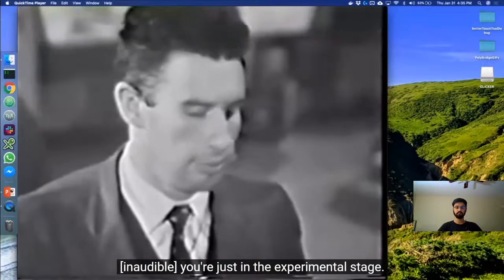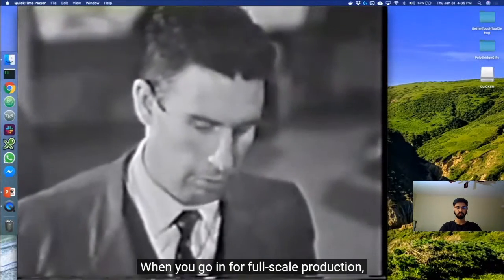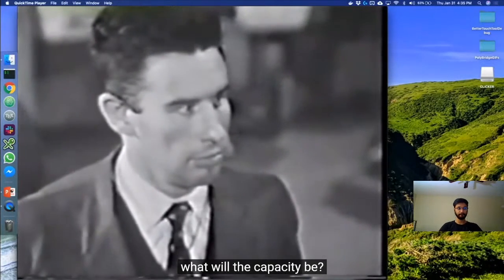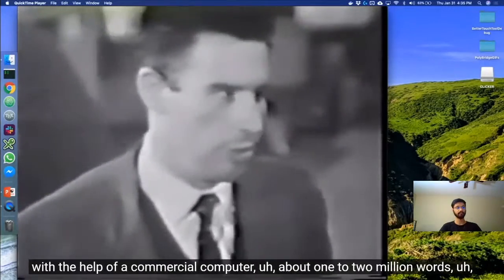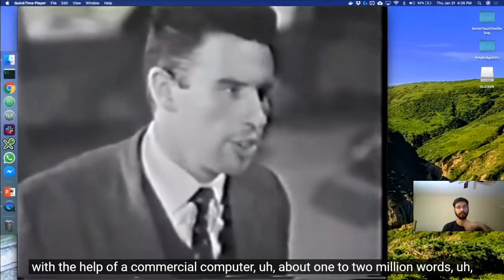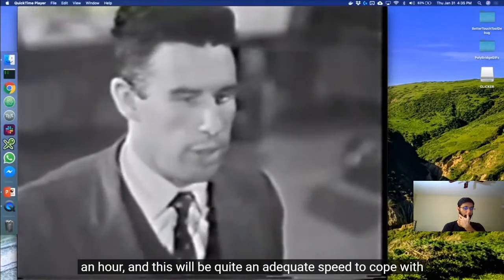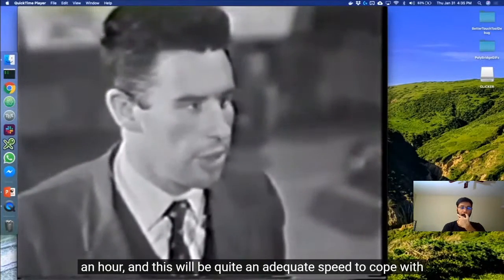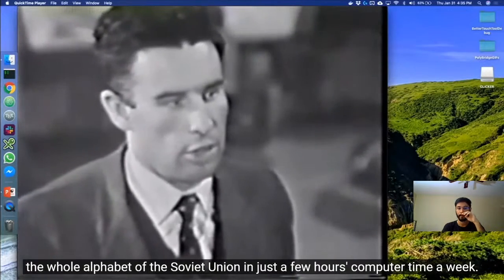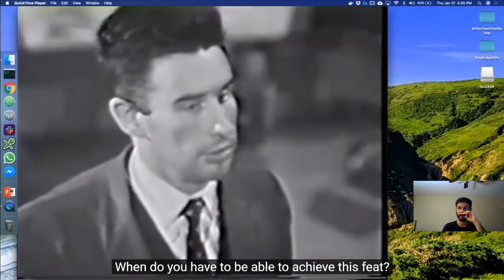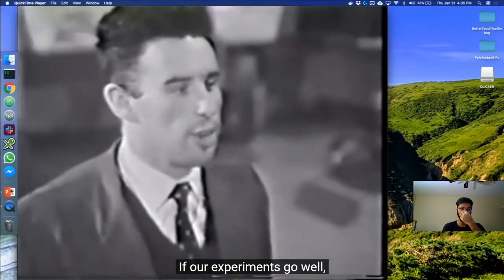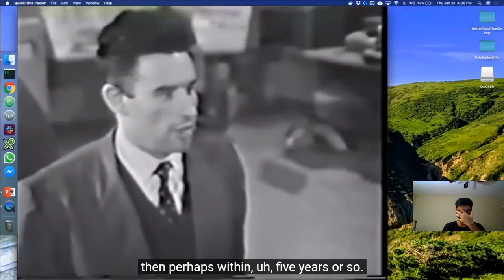At present, of course, you're just in the experimental stage. When you go in for full-scale production, what will the capacity be? We should be able to do about, with a modern commercial computer, about 1 to 2 million words an hour. And this will be quite an adequate speed to cope with the whole output of the Soviet Union in just a few hours computer time a week. When do you hope to be able to achieve this speed? If our experiments go well, then perhaps within 5 years or so.